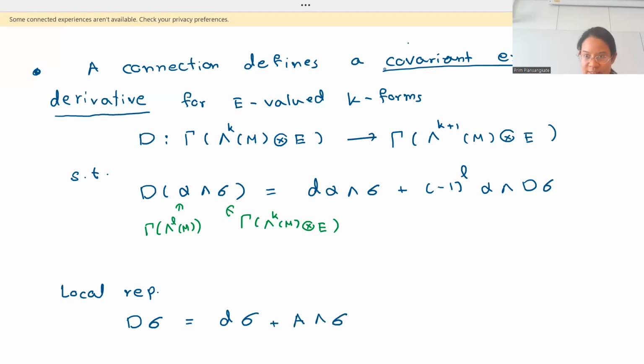This is just the same A, the connection one-form from before. But sigma is an E-valued k-form. Right, so let me now define the curvature of the connection.